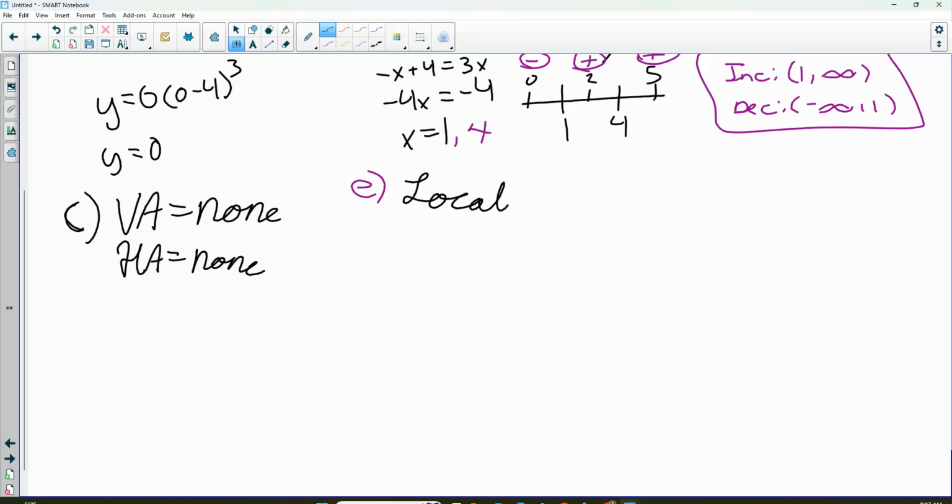Plugging it into the original. Yes. Minus e.